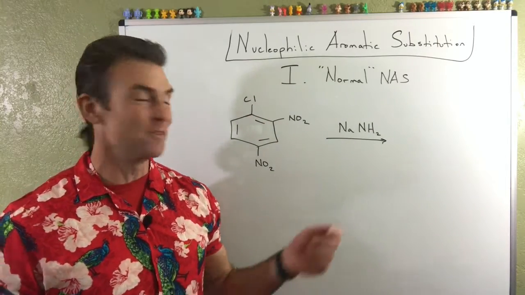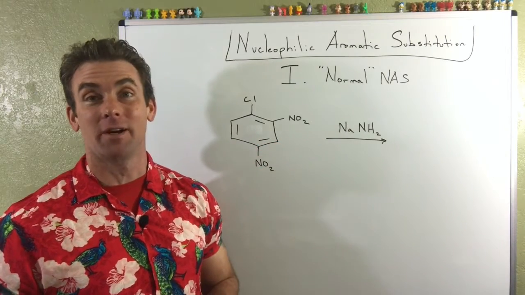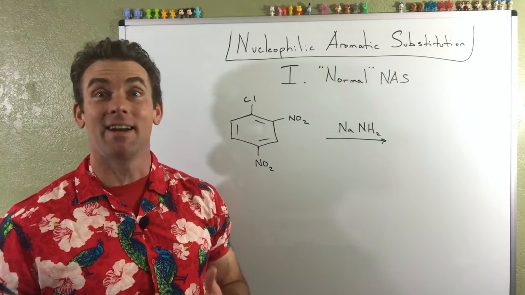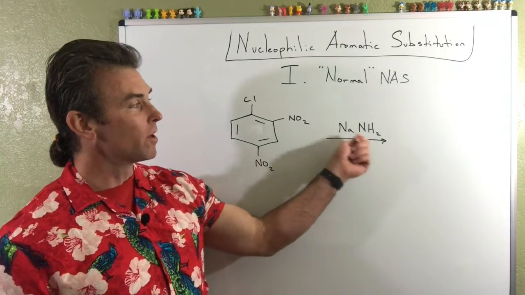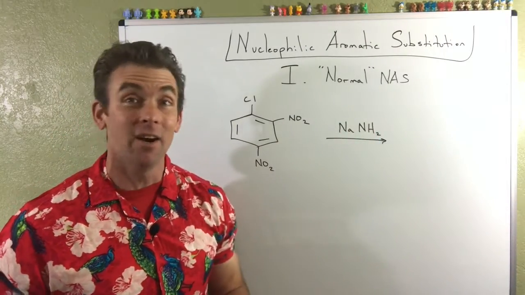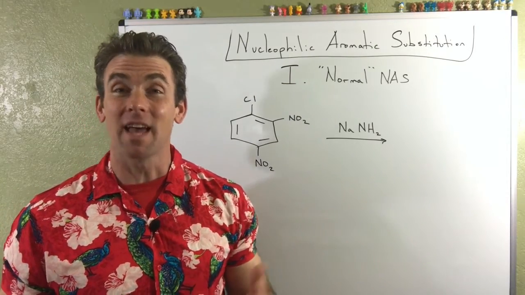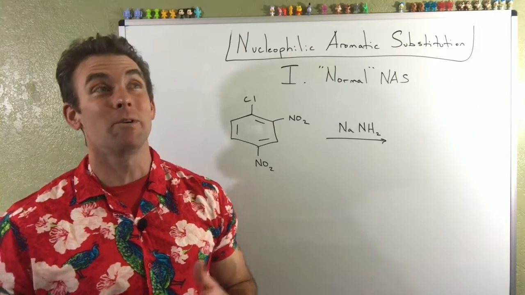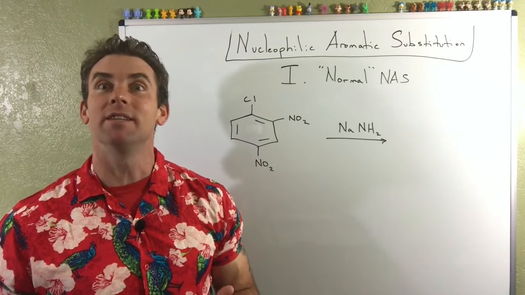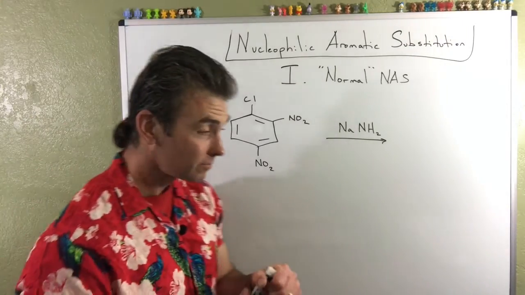By the way, if you don't have a really strong nucleophile, it doesn't matter how many electron withdrawing groups you put on this thing, it just isn't going to happen. So we need a really, really strong nucleophile. I've got an amine here. It could easily be something like sodium methoxide, something that, back when we were talking about SN2 chemistry, you would consider a really strong nucleophile. That is going to work really well here.